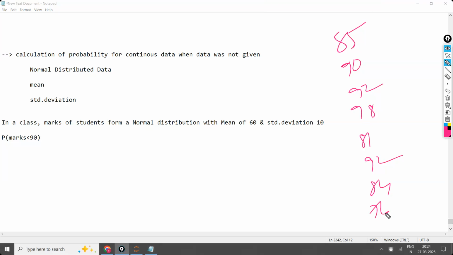It is simple. But they have not given the data to me. How many students there are also they have not given. Everything they have not given, but they are asking to calculate the probability. Is the point clear?